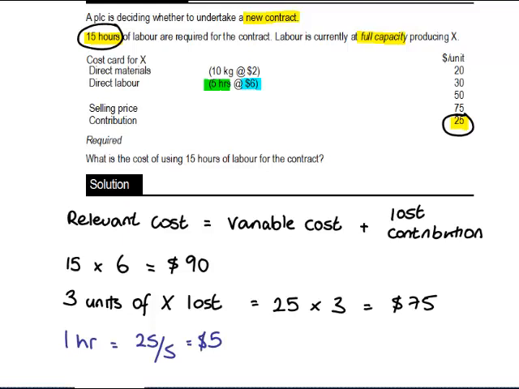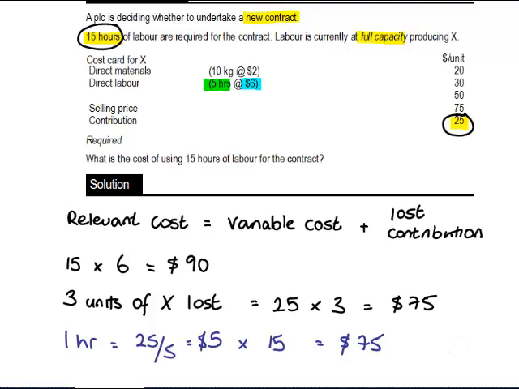So the lost contribution from product X is going to be $5 an hour. Now, because we need 15 hours, 5 times 15 gets us back to the same total as before, which is 75. So it really doesn't matter which way you do it, you're going to get the same answer. Just think what's easier for you to understand.